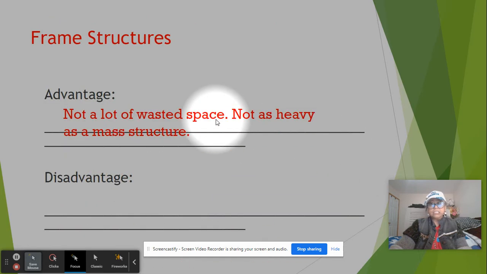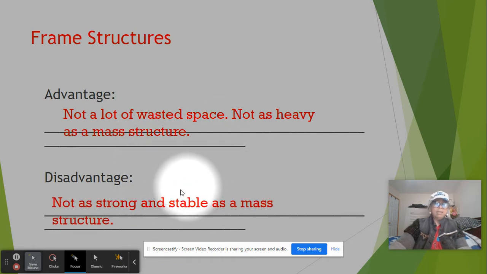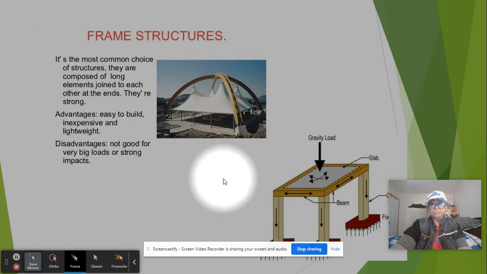Now, the advantage: not a lot of wasted space, and not as heavy as a mass structure. The disadvantage would be not as strong and stable as a mass structure. It says further here that frame structures are the most common choice of structures because they are composed of long elements joined to each other at the ends.